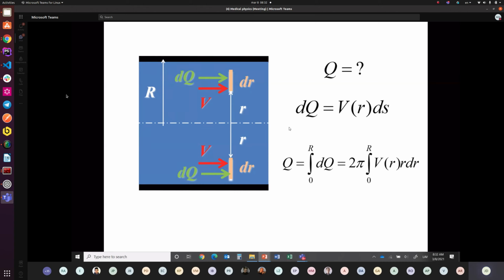Now, to calculate q, we need to integrate dq.